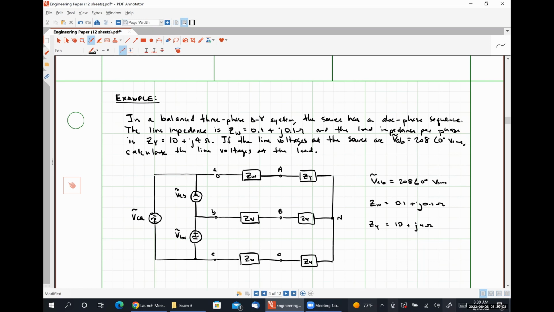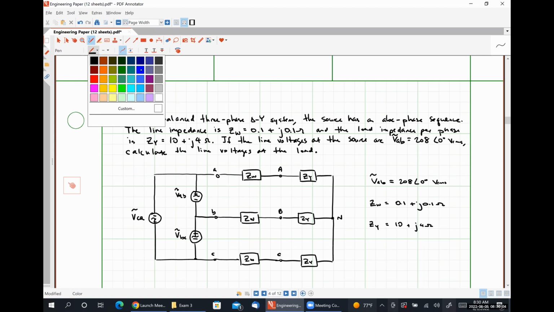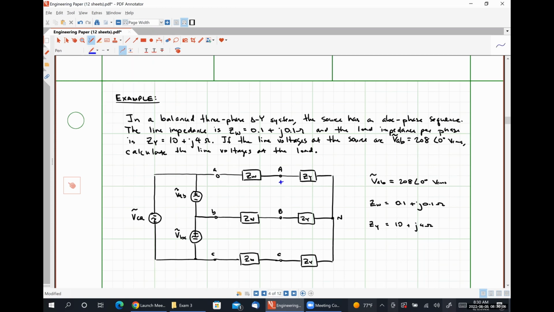What we are trying to find is this line voltage, VAB at the load. Once we know VAB, we can simply shift it by negative 120 degrees to get VBC, and shift VBC by negative 120 degrees to get VCA, and we'll be finished with the problem.